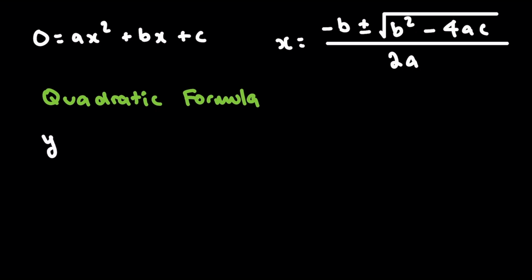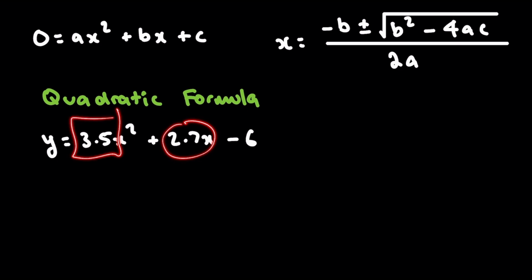Let's say I wanted to factorize y equals 3.5x squared plus 2.7x take 6. Now, in this example, I cannot think of two numbers that add to 2.7 but multiply to the outside terms. And I also cannot be bothered to complete the square. So we're going to use the quadratic formula.